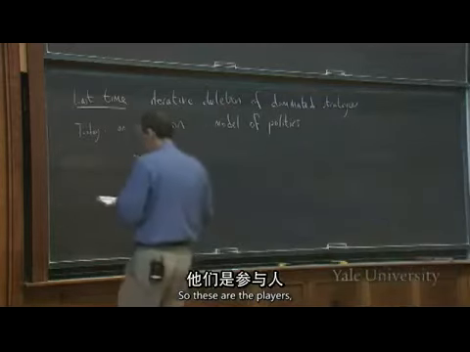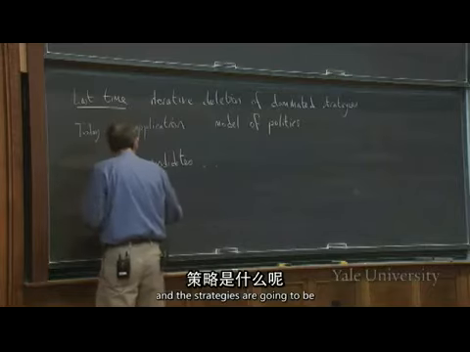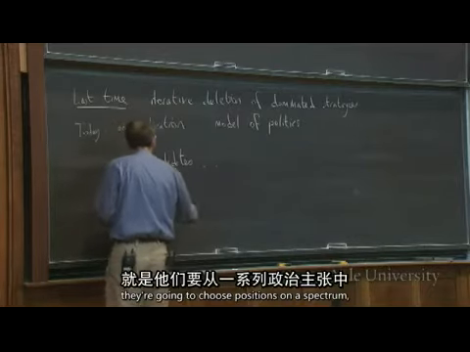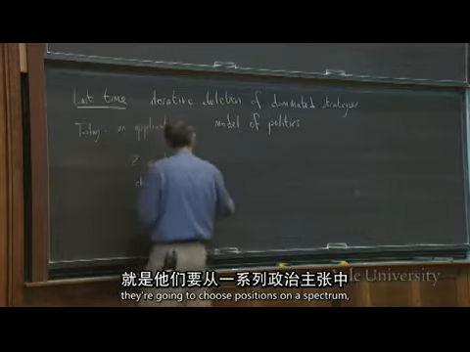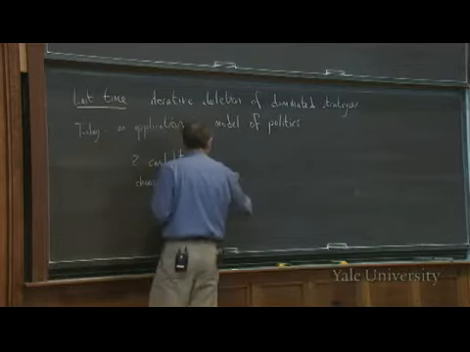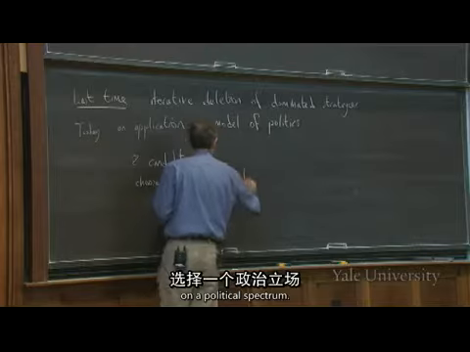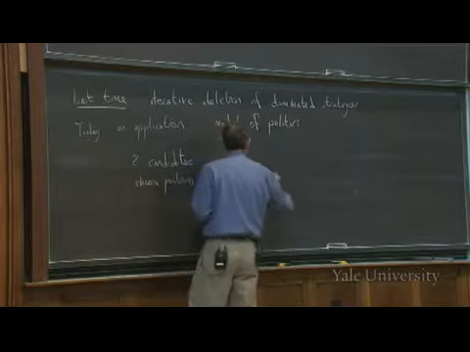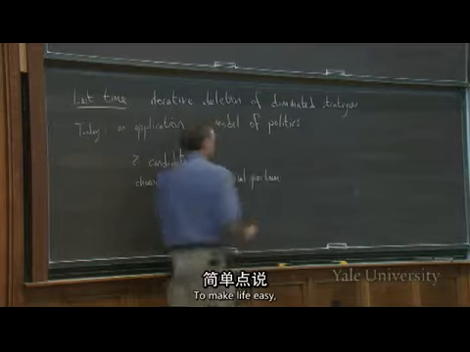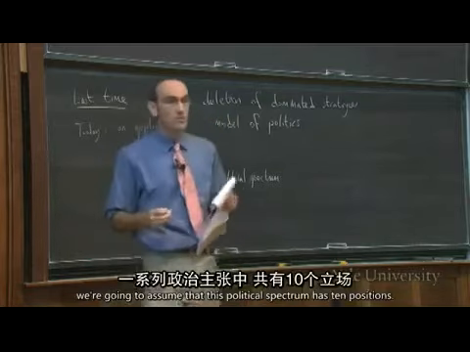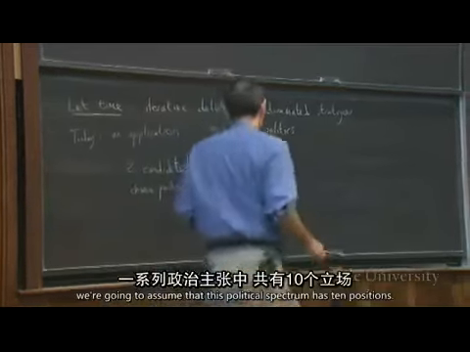These are the players, and the strategies are going to be that they choose positions on a political spectrum. To make life easy, we're going to assume that this political spectrum has 10 positions.